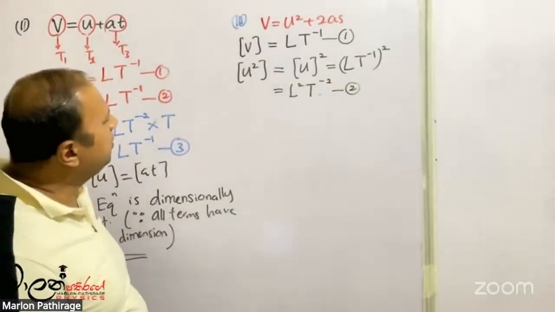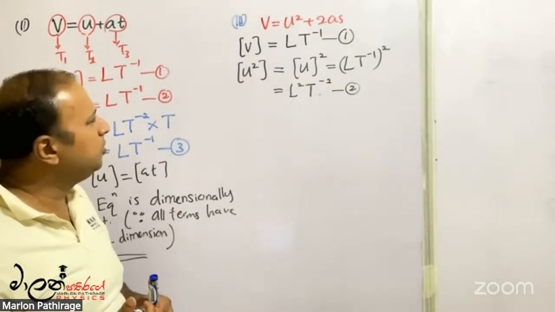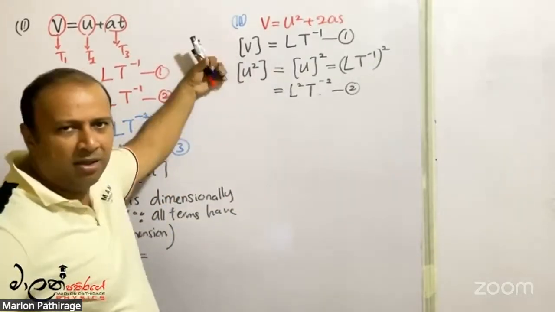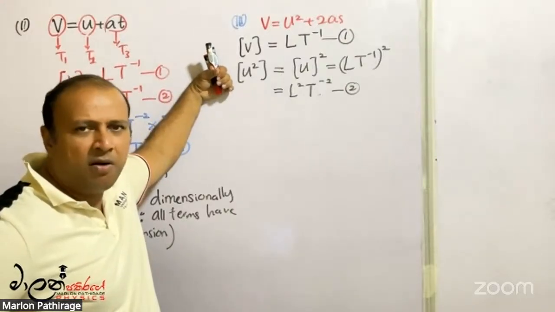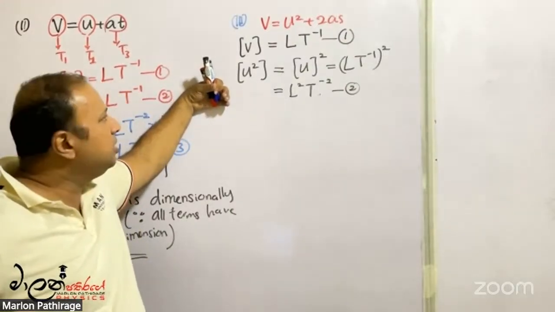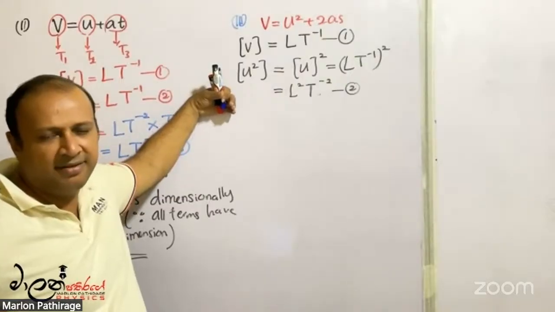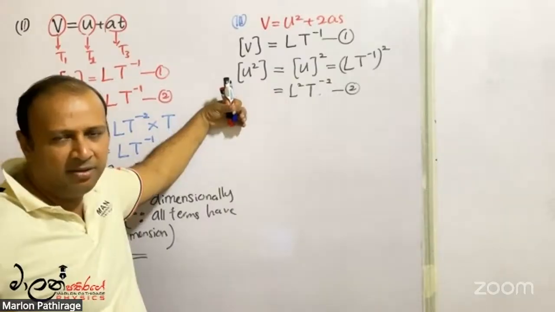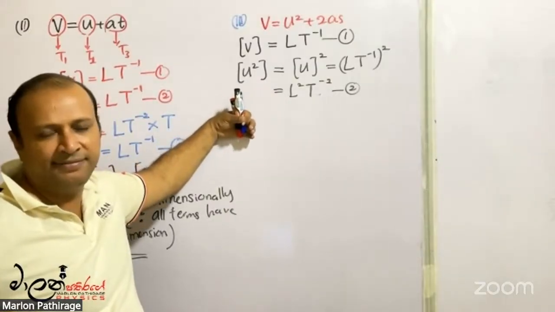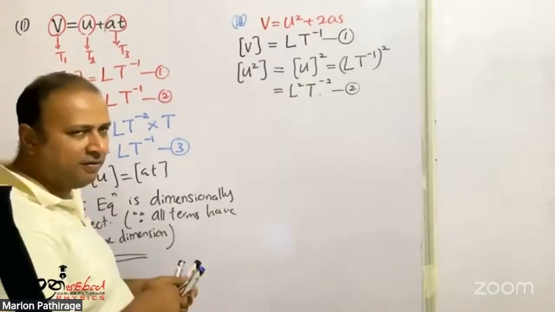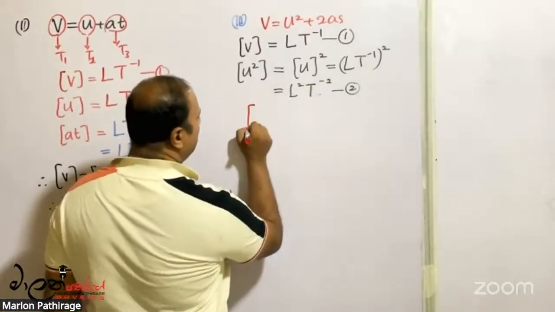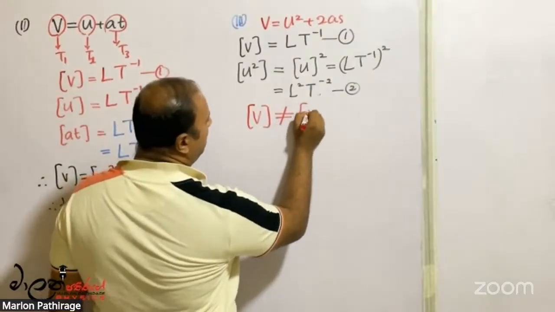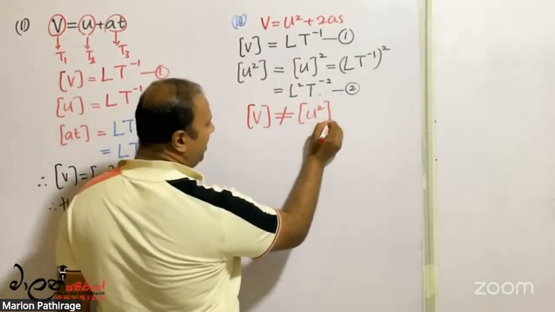So there is no need to determine the dimension of 2AS, because it is very clear these two are not equal. That means all the terms of this equation do not have the same dimension. It is dimensionally incorrect. Therefore, this equation is an incorrect equation. You can write: the dimension of V is not equal to the dimension of U square.